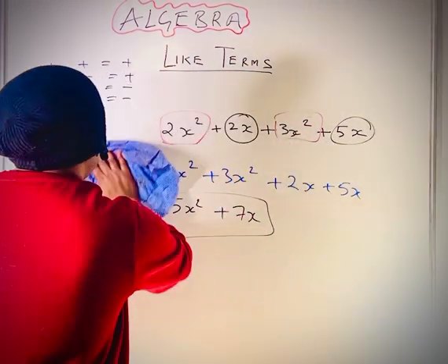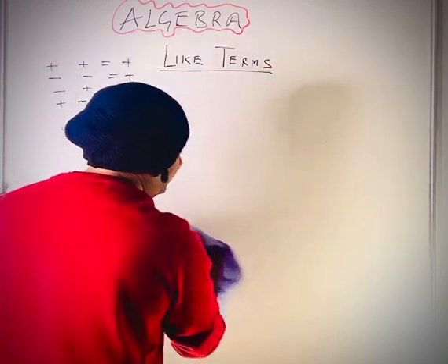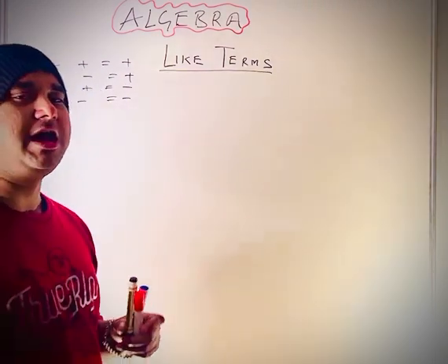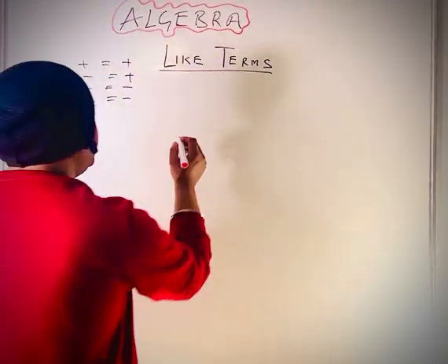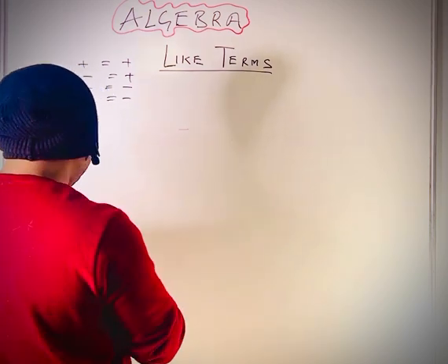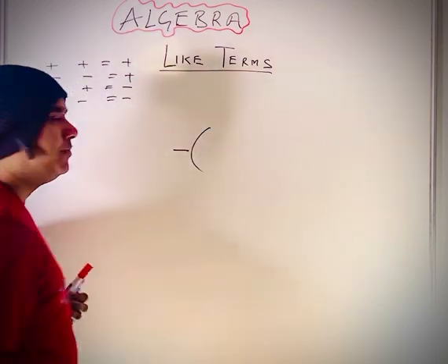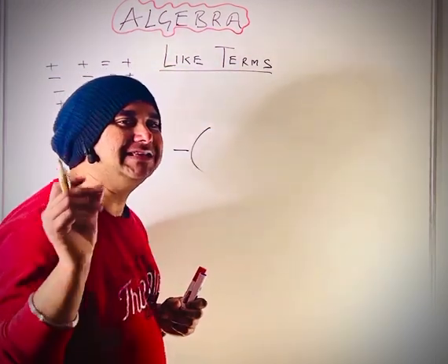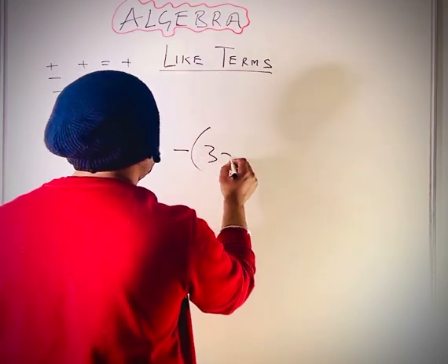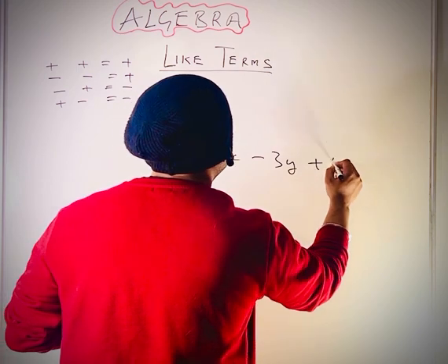Now, I'll give you a few questions so you can try them, but before those questions, I just want to tell you one thing. Let's say you have a negative sign in here, and there is a bracket, and you have an expression inside the bracket, like 3x minus 3y plus 4.